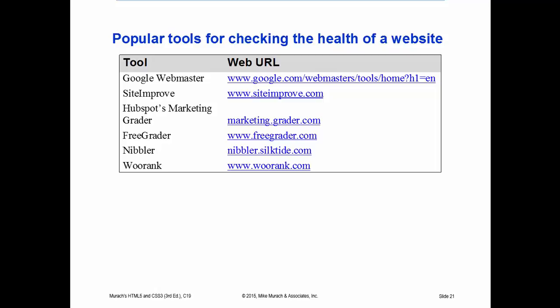It'll report spelling errors, broken links, downtime, etc. HubSpot's Marketing Grader is a free tool that will report on your website's social media presence, blog activity, email marketing campaigns, and mobile responsiveness. Finally, the last ones in here, Nibbler, FreeGrader, and WooRank provide free scores on accessibility, user experience, marketing and technology, and suggestions for improvement.